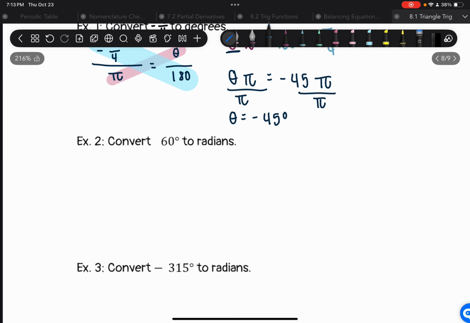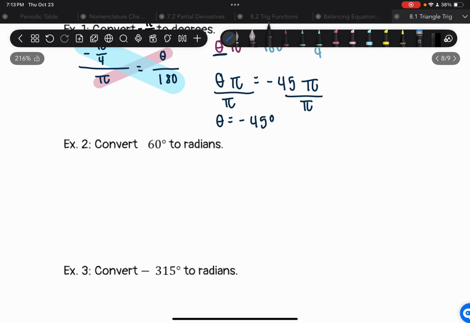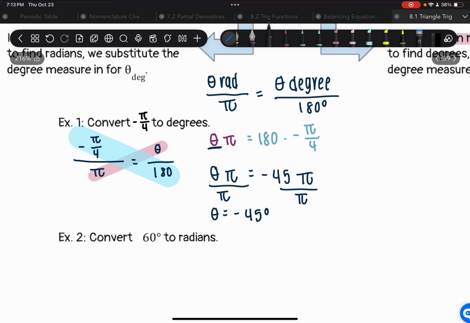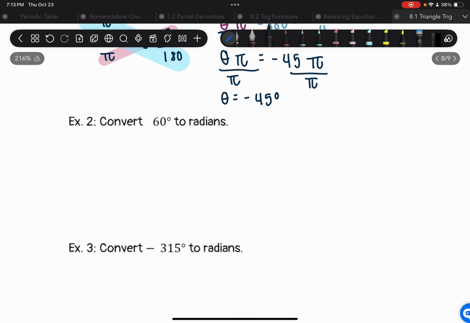All right, our second example is to convert 60 degrees into radians. So again, following my formula up here, I have theta over pi equals 60 degrees over 180. And I'm going to simplify this into just 1 over 3.